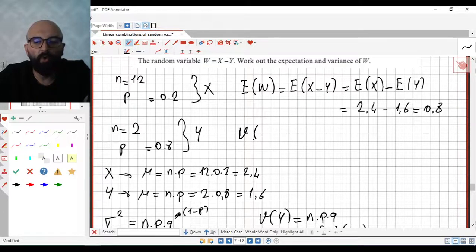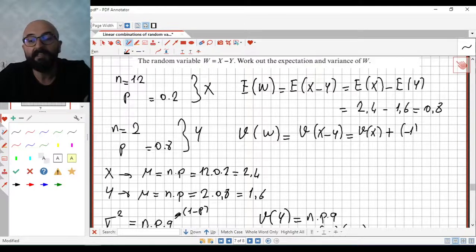The value of w means the variance of x minus y. Please don't forget it means the variance of x plus (-1) squared multiplied by the variance of y.